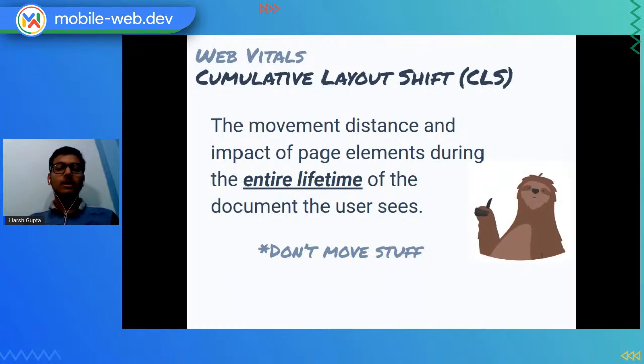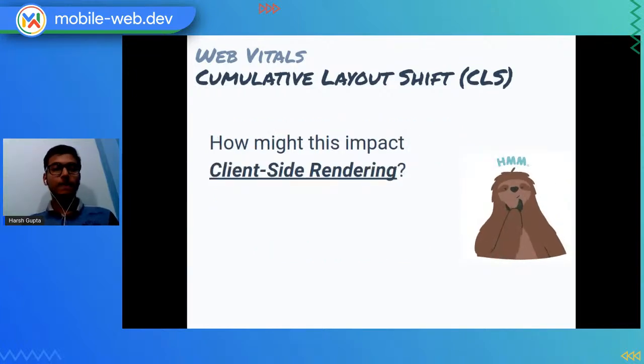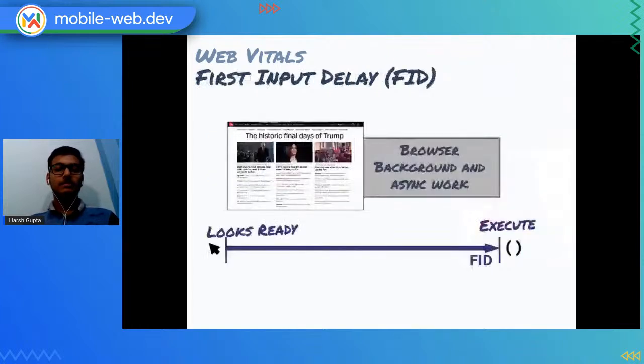So with CLS, we say don't move stuff too much, because it is not good for web vitals. So how might this impact client side rendering? In a React application we usually use this asynchronous behavior, so we want to use it. How can we make this happen?